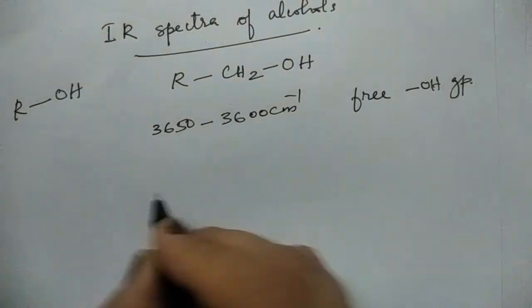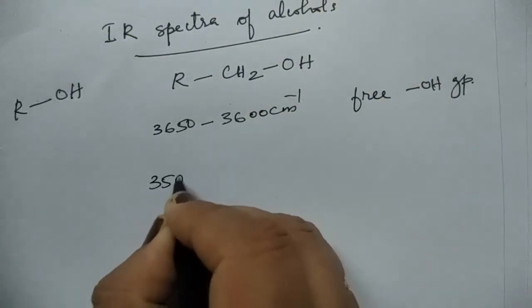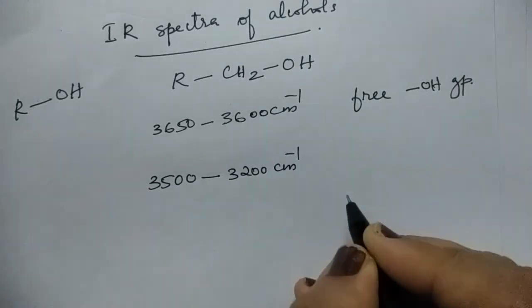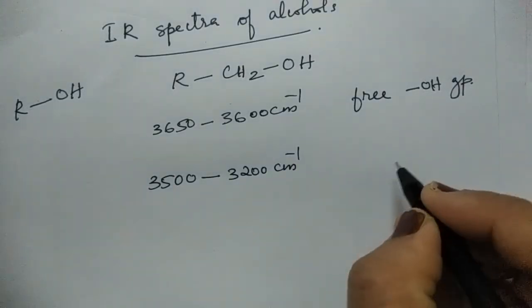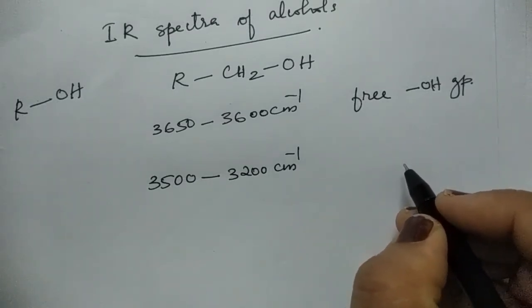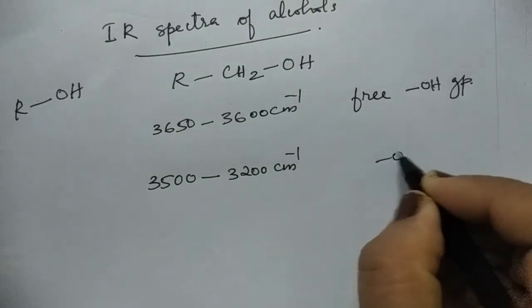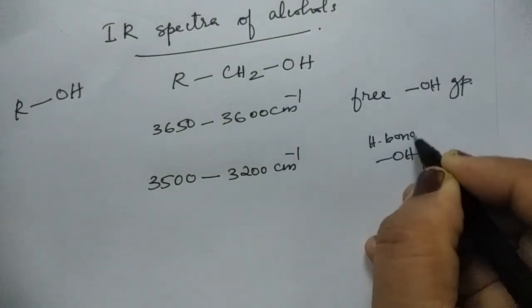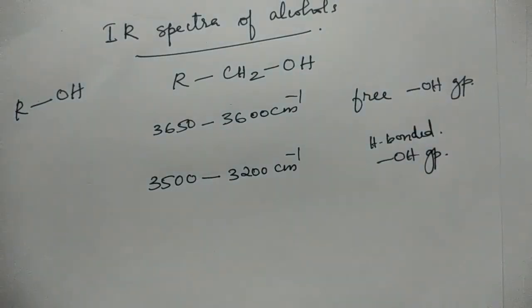And suppose you get a band around 3500 to 3200 per centimeter. In that case this represents a hydrogen bonded OH group.